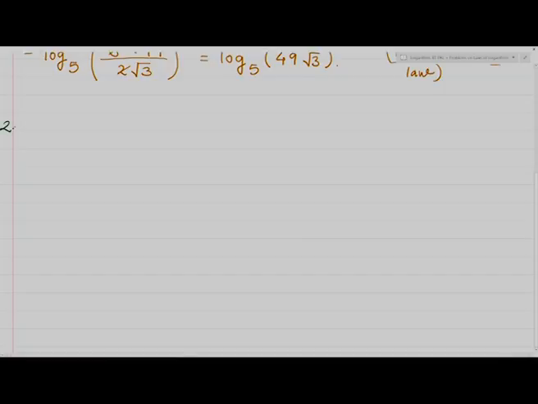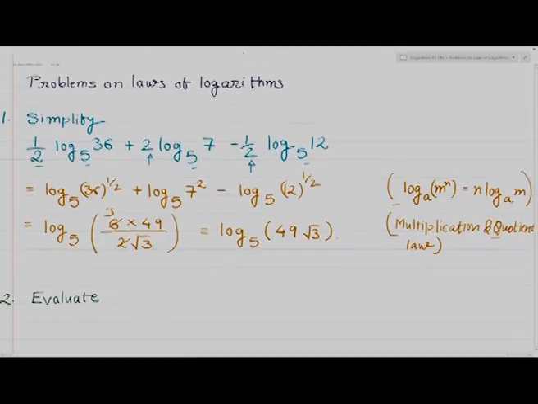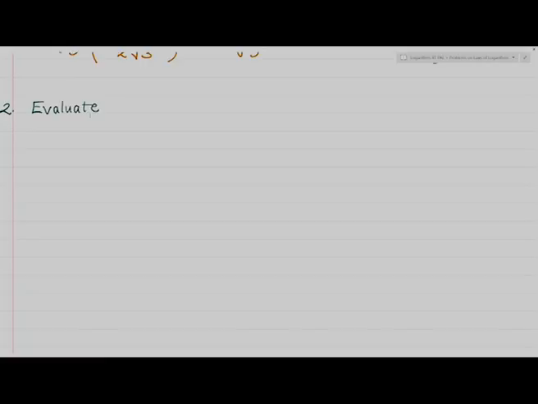The second example says evaluate, and naturally it will be a complicated quantity with log in the expression: log to the base 5 of the 4th root, 4 is inside the root sign, of 25 upon 625.